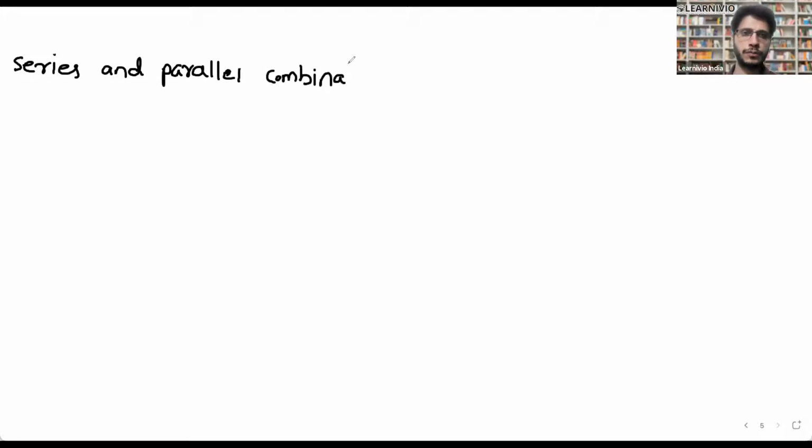Okay. The next is series and parallel combination of capacitors and resistors.